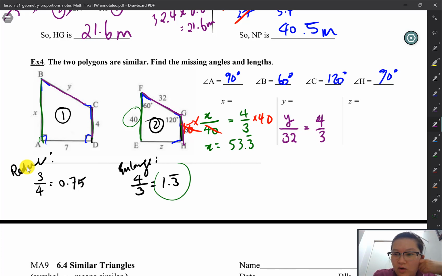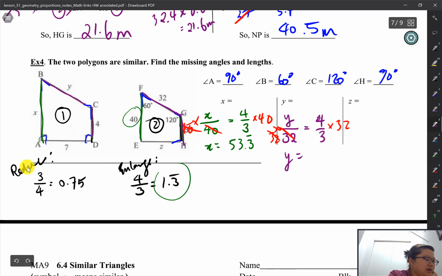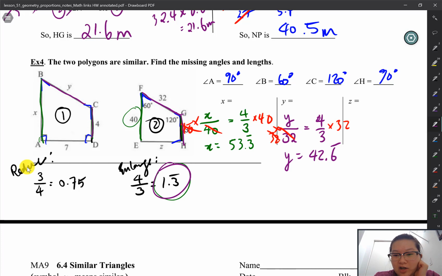So let's solve for y, which just requires us to multiply 32 to both sides of the equation. We get y is equal to 4 divided by 3 times 32. And you might notice that that is exactly taking the scale factor for enlargement multiplied by 32 to get the longer side on the similar polygon.